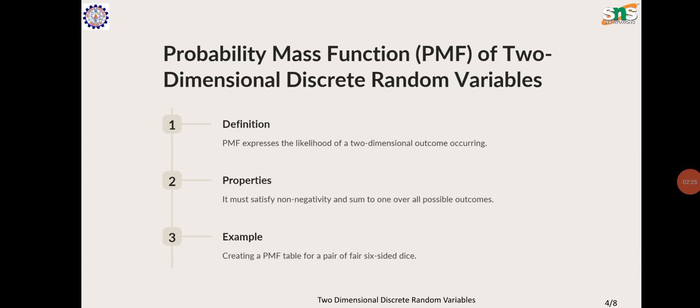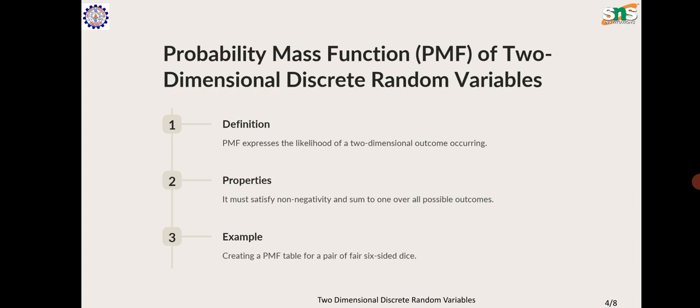Marginal probability distribution function: the distribution functions of the component variables are called marginal distribution functions, that is, F_XY of (infinity, y) and F_XY of (x, infinity) are called the marginal probability distribution functions of Y and X respectively.